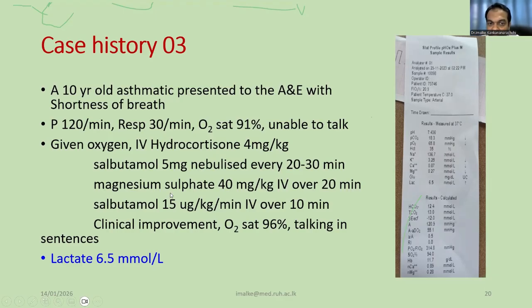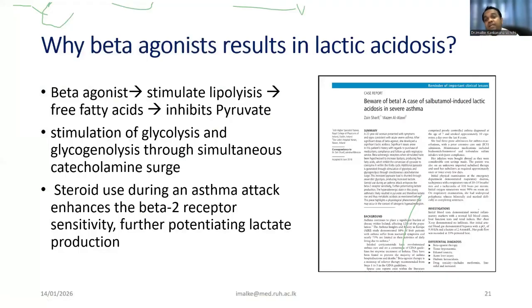Some amount may be from the collection of the sample, but this is something you need to remember: high lactate can sometimes result in acidosis also, not only high lactate. It is a feature of asthma. Asthma in the sense of beta agonist.